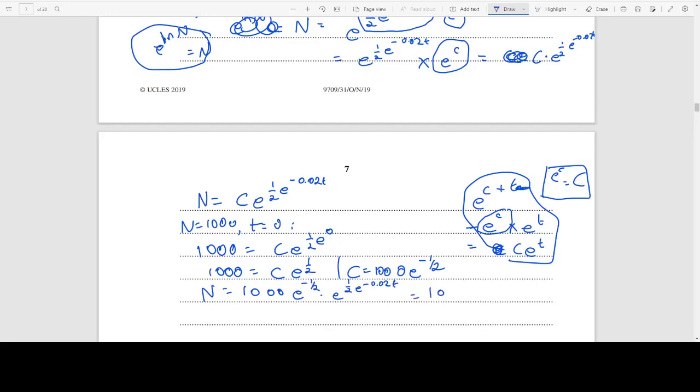Getting these things together, 1000 e raised to 1 half e raised to minus 0.02 t minus half.